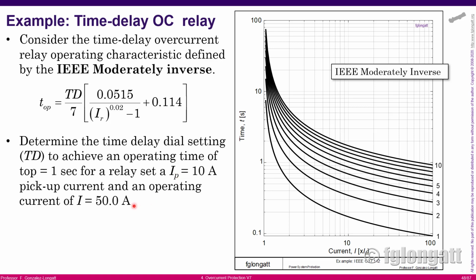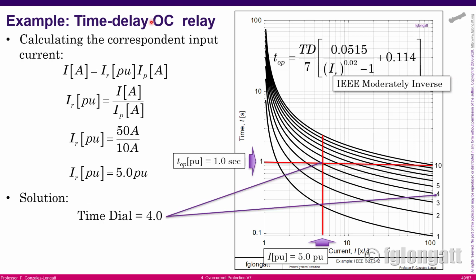And the operating current is 50 amps, okay? Now on the right hand side we have the characteristic with time dials from 1 to 10 for the IEEE moderate inverse, okay?